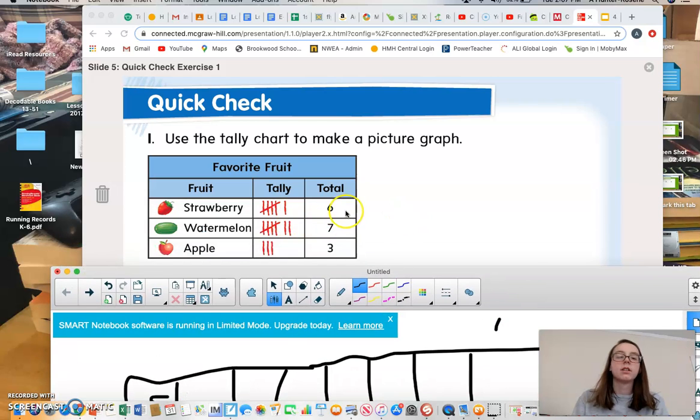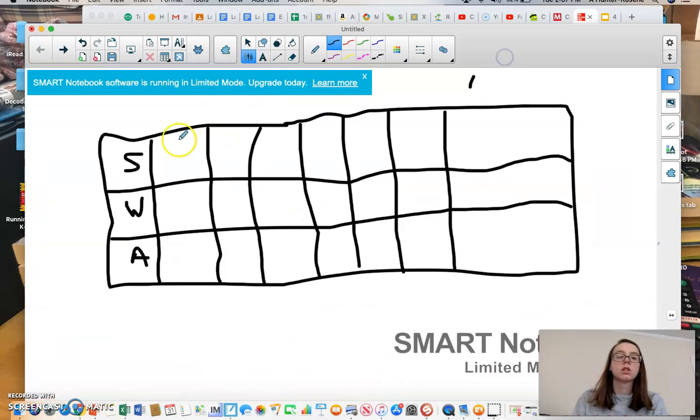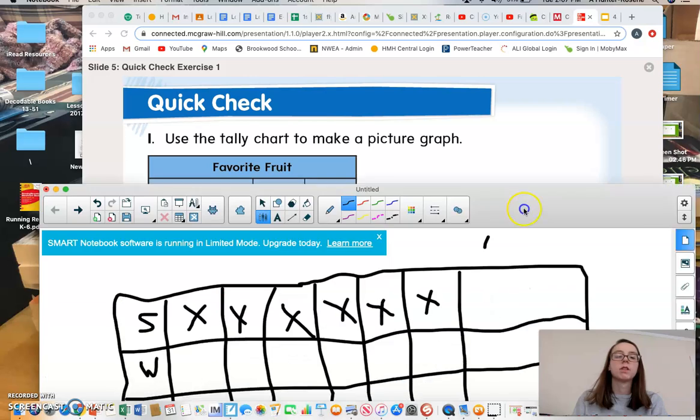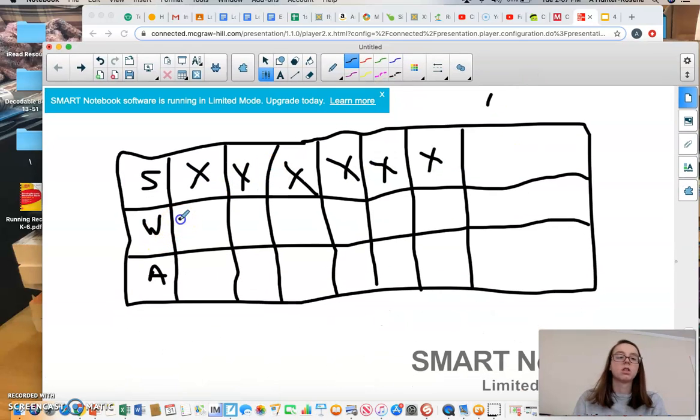Okay, so how many strawberries do we have? We have 6 strawberries. So let's put an X in one side for strawberries. 1, 2, 3, 4, 5, 6. How many watermelon? 7. So 1, 2, 3, 4, 5, 6, and 7.